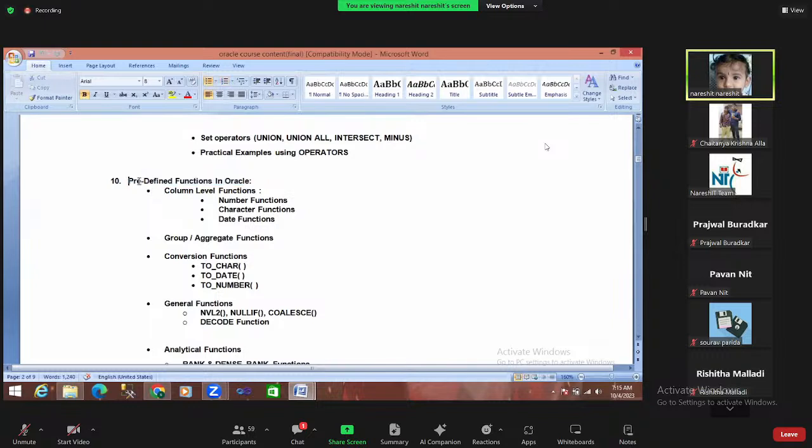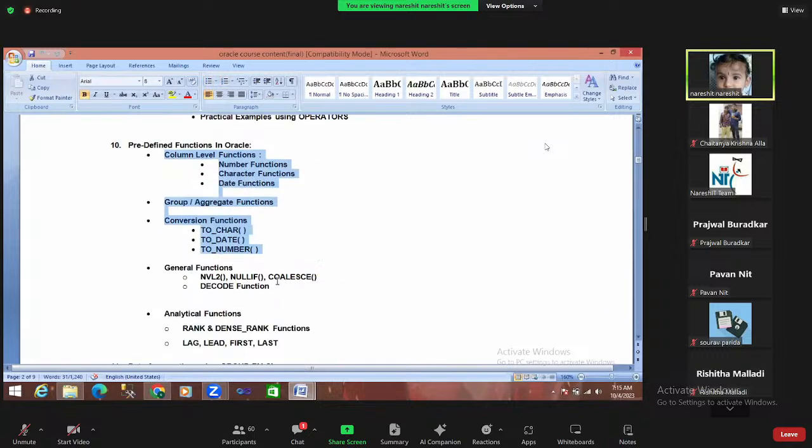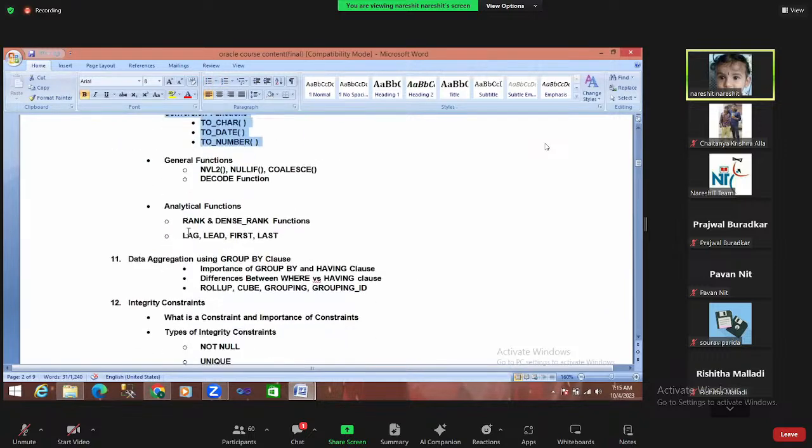Now in SQL, we'll discuss predefined functions. In PL/SQL, we will learn user defined ones. You got an idea, one by one, guys. The functions include toChar, toDate, toNumber, NVL2, null, call set function, decode, and the analysis functions: dense rank, lag, lead, first, last. These are the different types of OLAP functions.